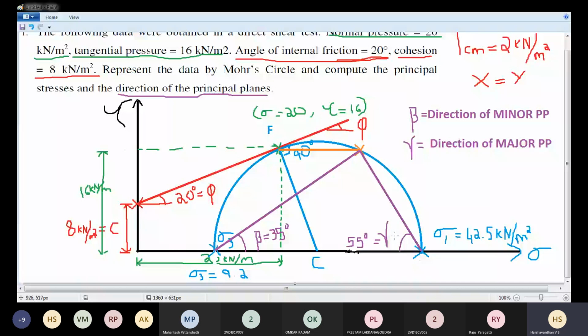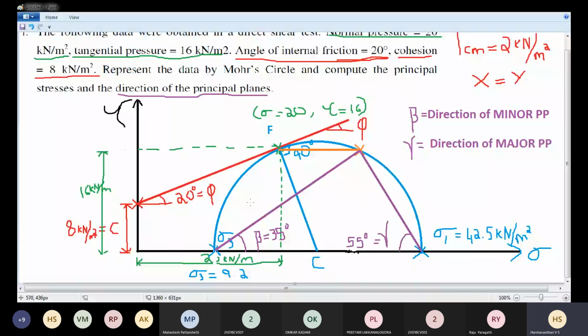No, these are graphical methods. This is Mohr circle. The experiments are conducted, and through the experiments they find out the inclination of the major principal plane and the inclination of the minor principal plane.